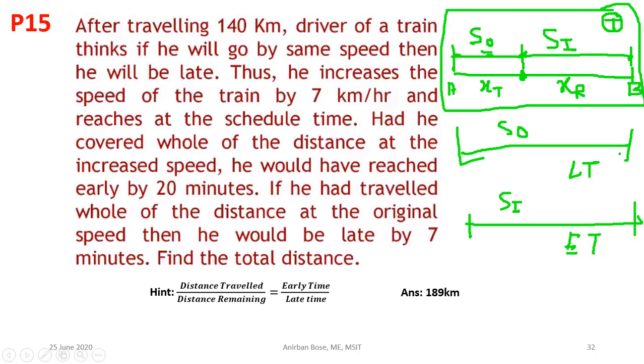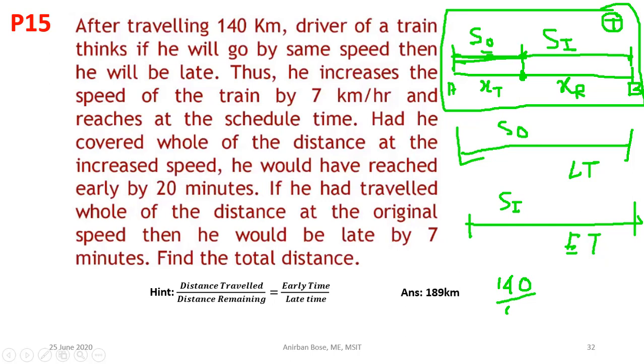So what you have to remember for solving this type of problem is the distance travelled divided by the distance remaining. Distance travelled means this distance, in this case 140 kilometer. So in this problem it is 140 by the remaining distance.